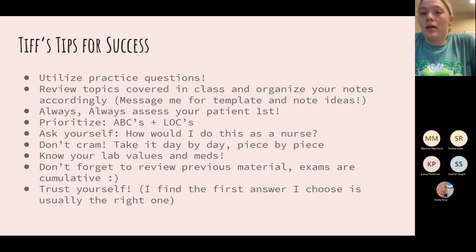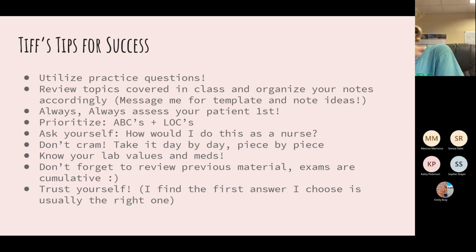So let's begin. I gave you guys a couple tips for success, especially with our cardiac portion. Now we're kind of tiptoeing into that airway, breathing, circulation side of nursing, where we start learning to prioritize and all that fun stuff. So always assess your patient first.